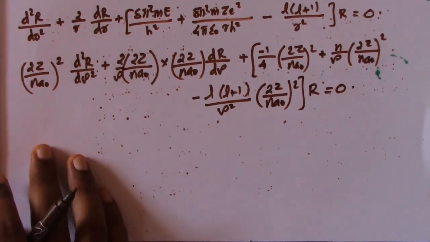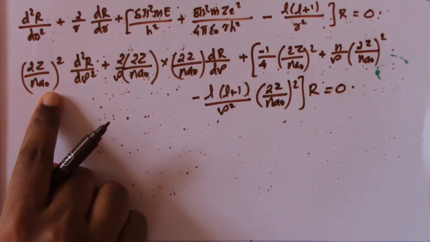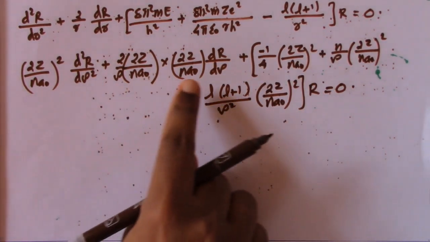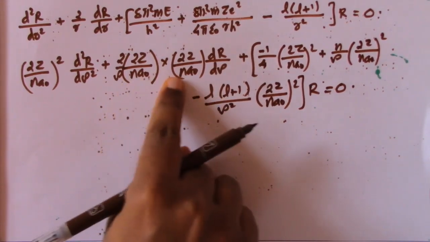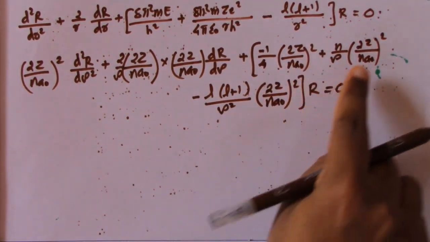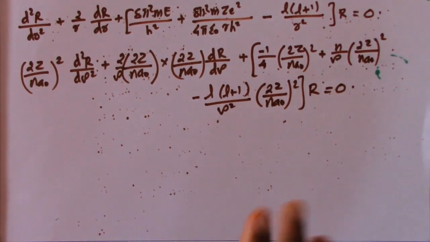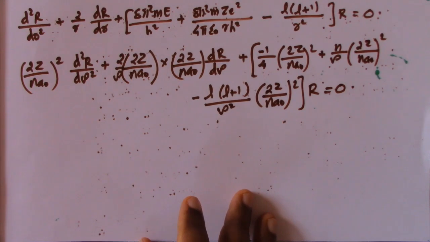So what is the common factor in all the terms? You can see that (2Z/na₀)² is here, in the first term, and in these two multiplied together. So (2Z/na₀)² is a common factor in all the terms.